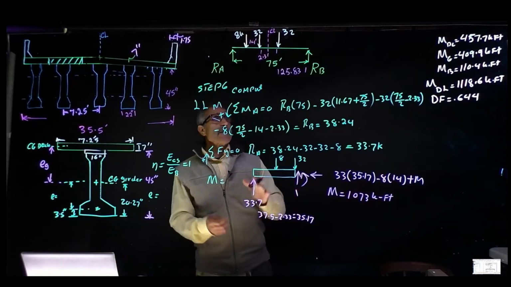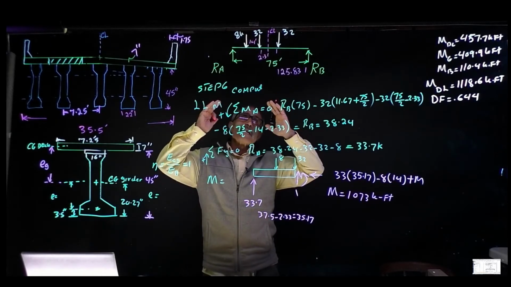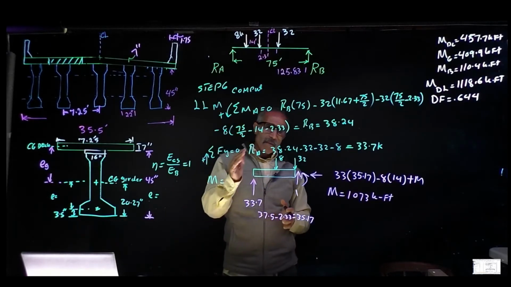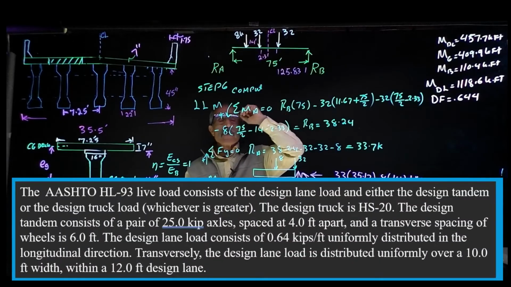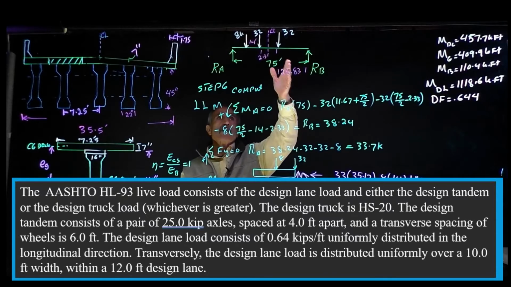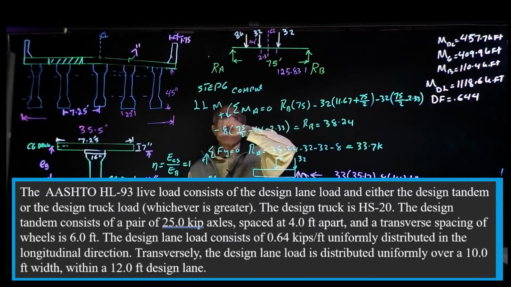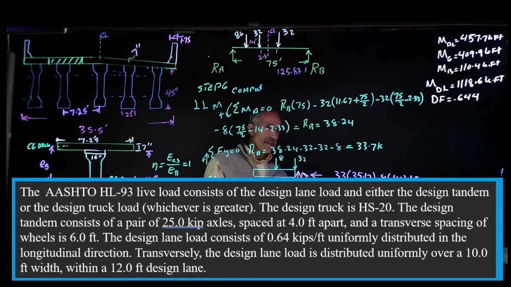And we always said that when we do a live load, there's 3 ways we have to do it. We have to do this, and then we have to do the military load in tandem, which is 25 kip on each side. Then whichever one controls, plus the 640 pound lane load.